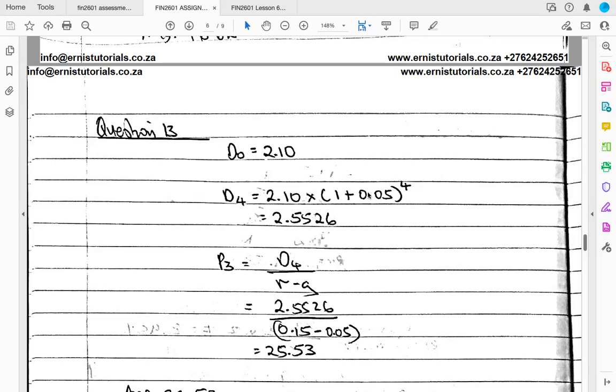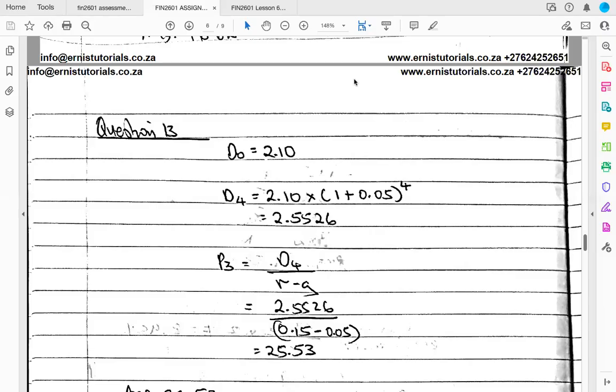It won't be the same for all calculators. It just depends on the calculator that you are actually working with. Okay. So on our calculator, we would say 2.10 plus 1.05 to the power 4.